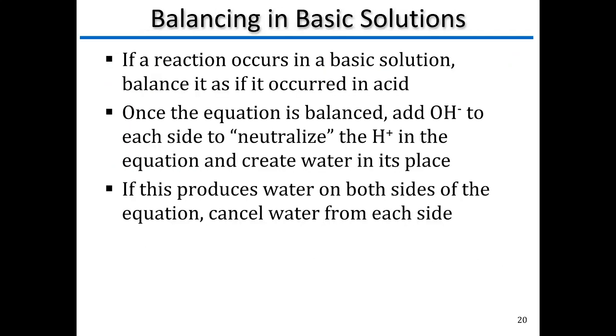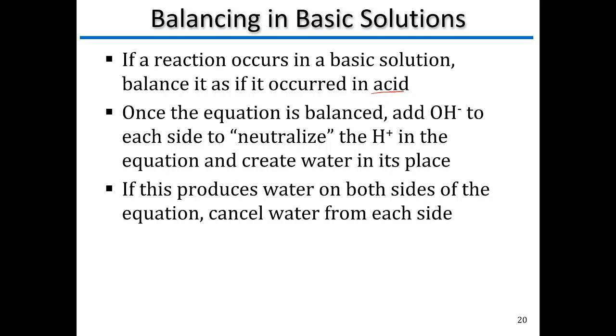So what if we're balancing in basic solutions? It just changes one step right at the end. It's the same process, except in the end, you need to neutralize the H plus by adding OH minus. If the reaction occurs in basic solution, balance it as if it occurred in acid first, so do the exact same process.